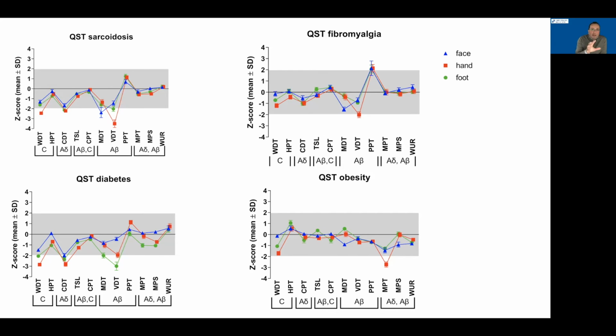You can see that these patterns are more or less similar, but in the ones with obesity, you can see that it's very different. There are no signs of neuropathy in these patients. They have a difficulty in detecting mechanical pain threshold, whether or not this is fiber related or there are other items related to this. We do not know that.